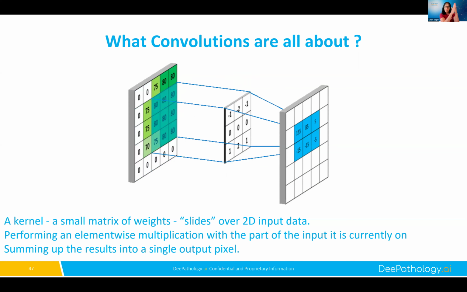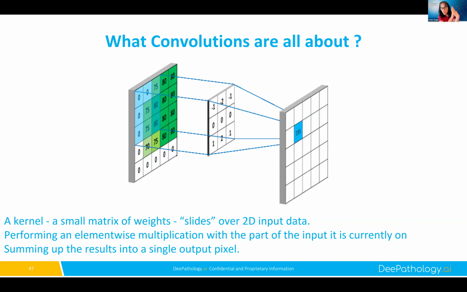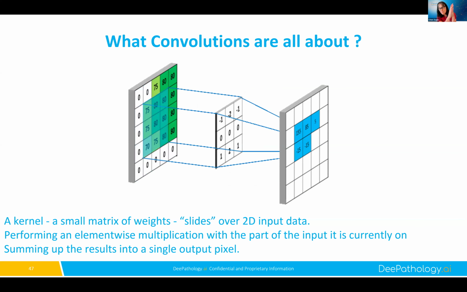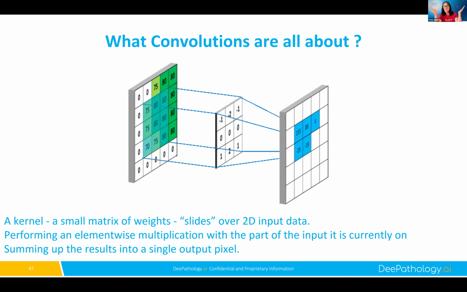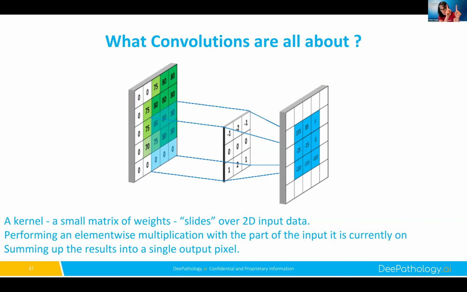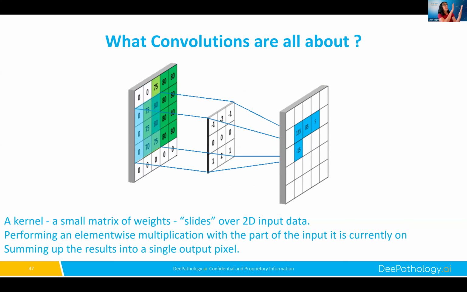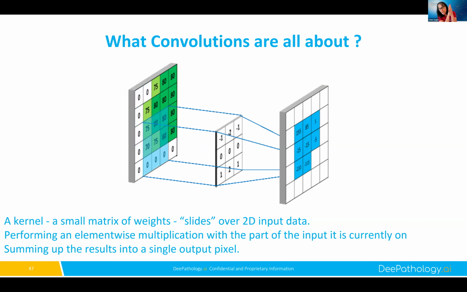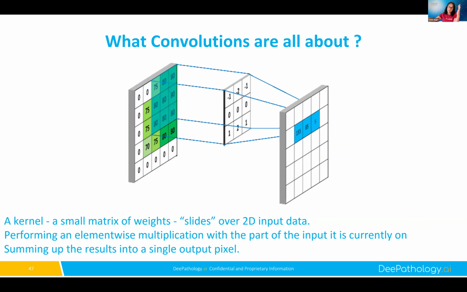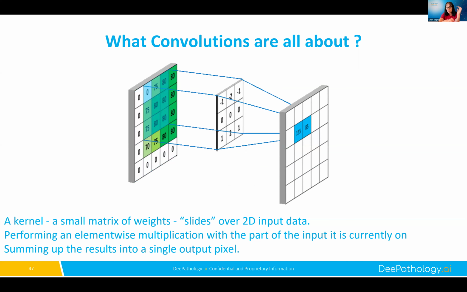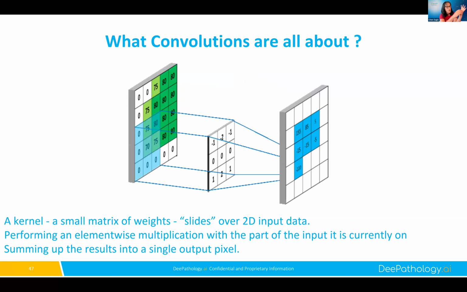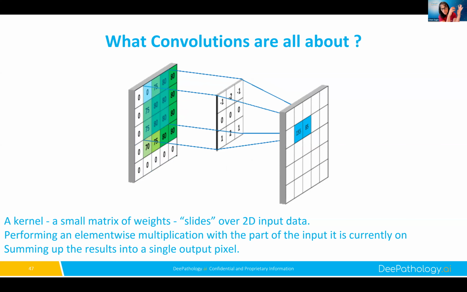And each time we are actually calculating the correlation. In image analysis, correlation and convolution are really the same. They have the same meaning. In mathematics, no. In image analysis, yes. So we try to find a correlation, and the value that we get would tell us how much this information in the filter is correlated to a certain part of the image.